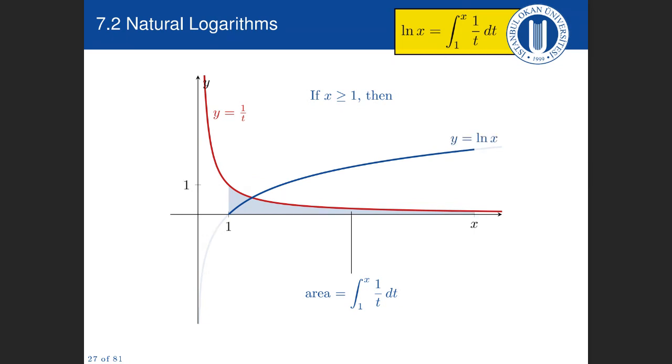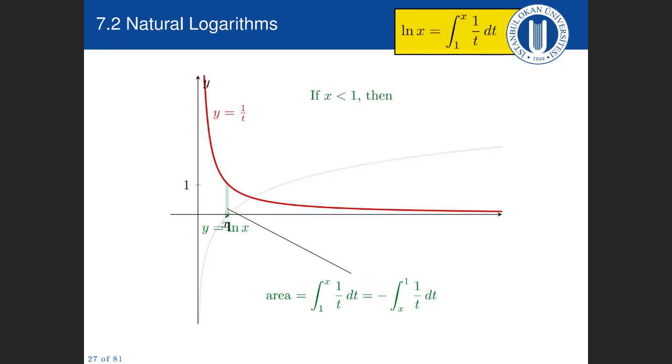Well, this is the picture if x is greater than 1. What if x is less than 1? If x is less than 1, then we're going to be integrating from 1 to x, but that's the same as minus the integral from x to 1.